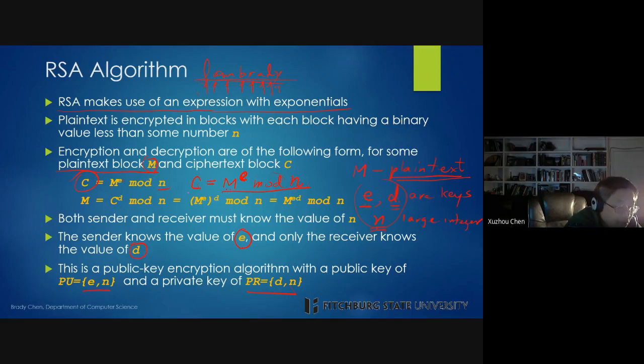Once we got the ciphertext, we can calculate c to the power d modulo n. Then we will find this is the value m, which is the plain text. Now you can understand. For any plain text m, we can calculate the ciphertext.